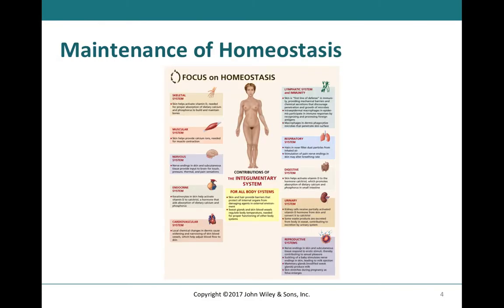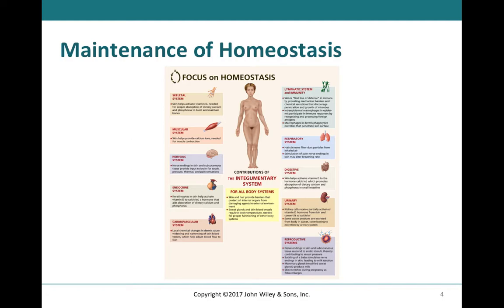Here is your focus on homeostasis and how you are able to interact with all of the other systems in the body. With our thermoregulation, homeostatic control by allowing sweat to exit at the surface and adjust the blood flow in the dermis.